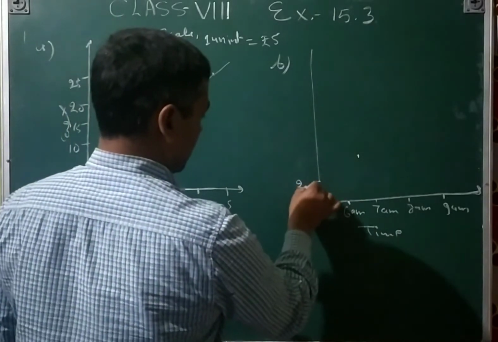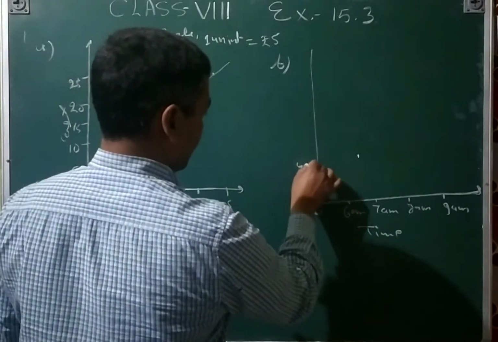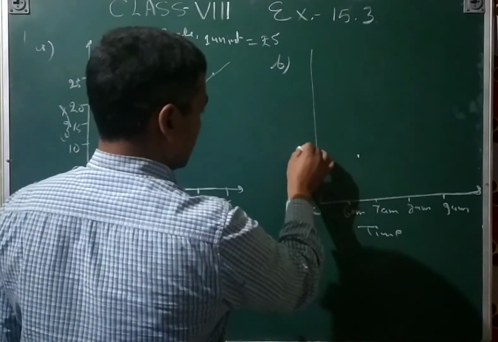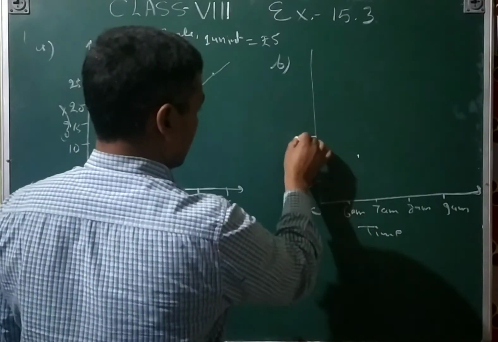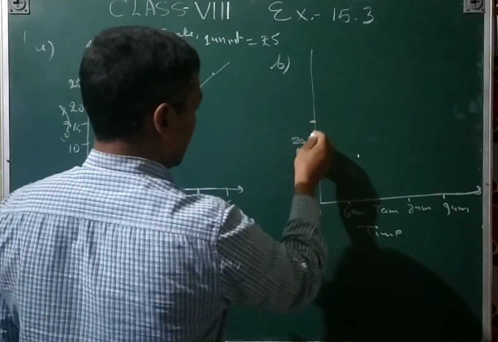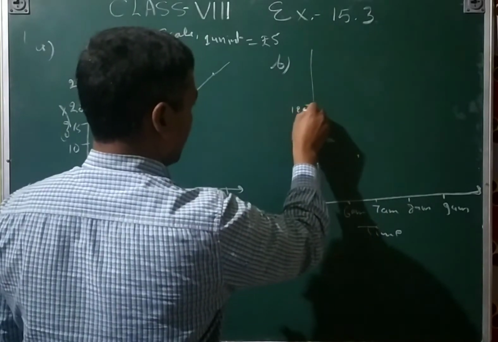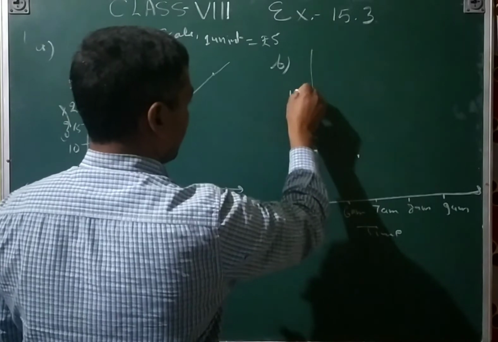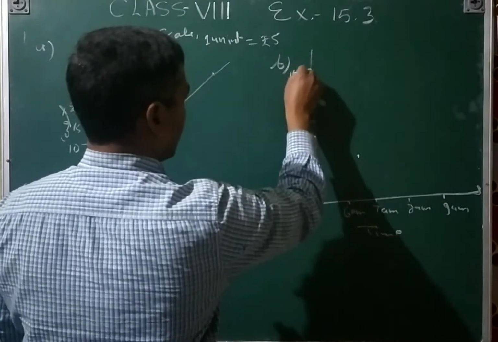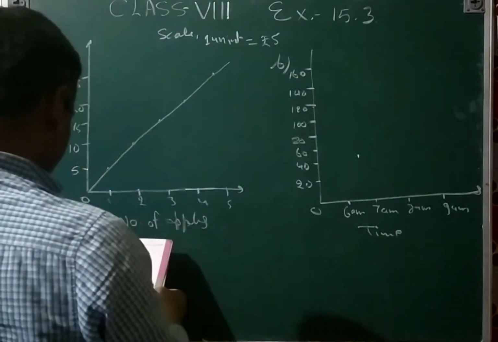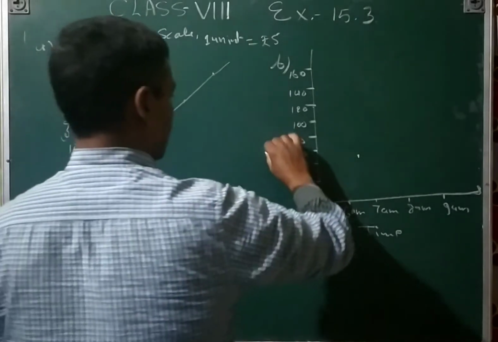That is 20, 40, 60, 80, 100, 120, and then 140, 160. And that will be the distance.